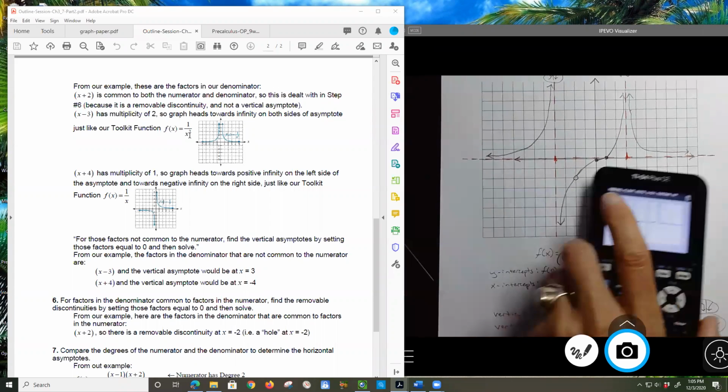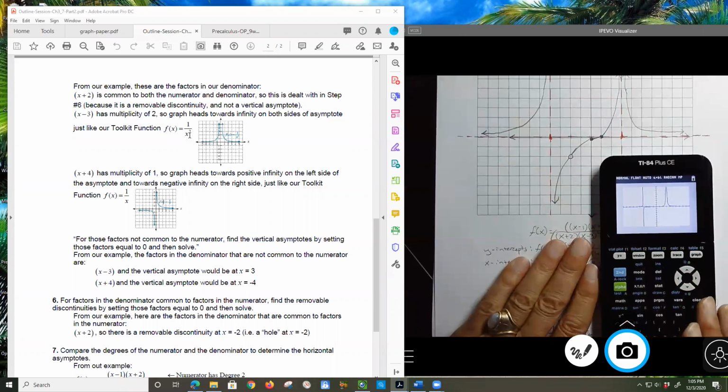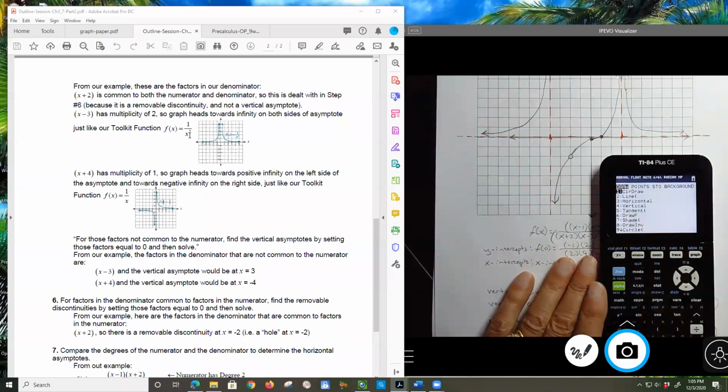So let's take a look here. It's looking pretty good. If you wanted to, you don't need to, but you can press second and then draw and select vertical. Then go over here to the -4. If you want to see where it says style, that's what this button is referring to.